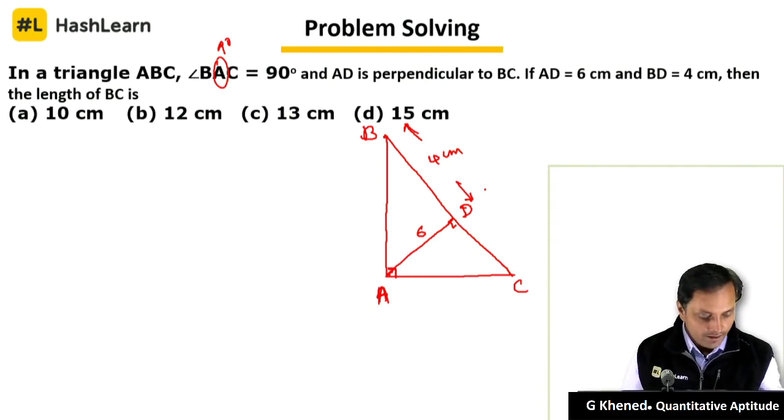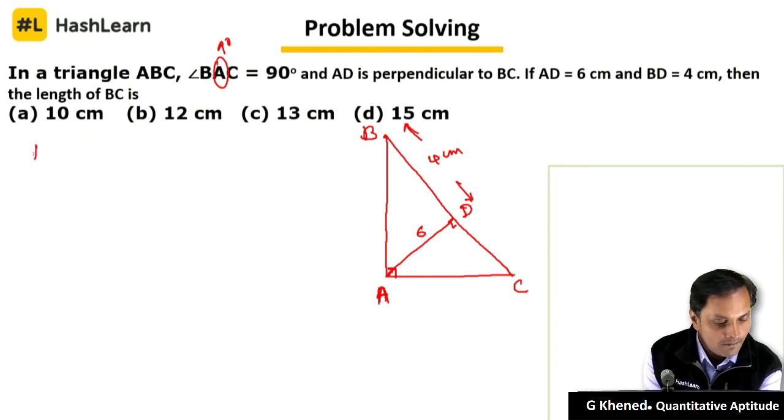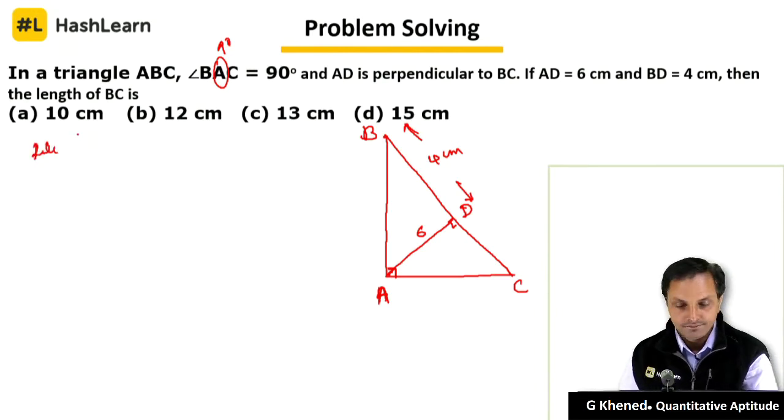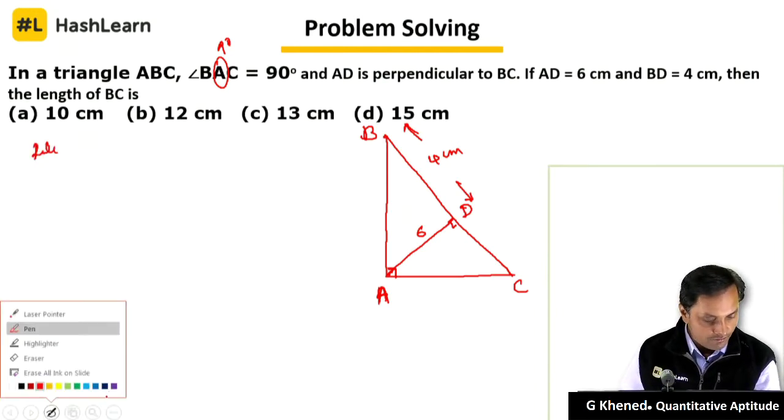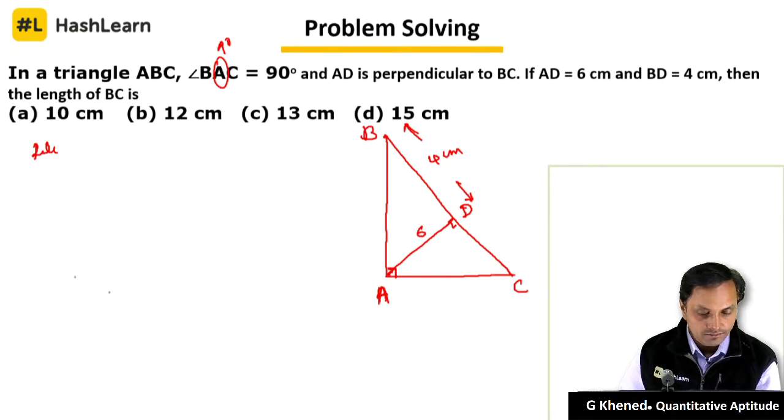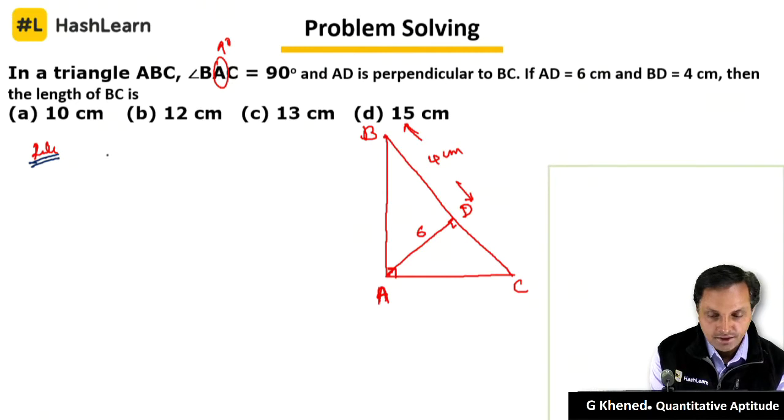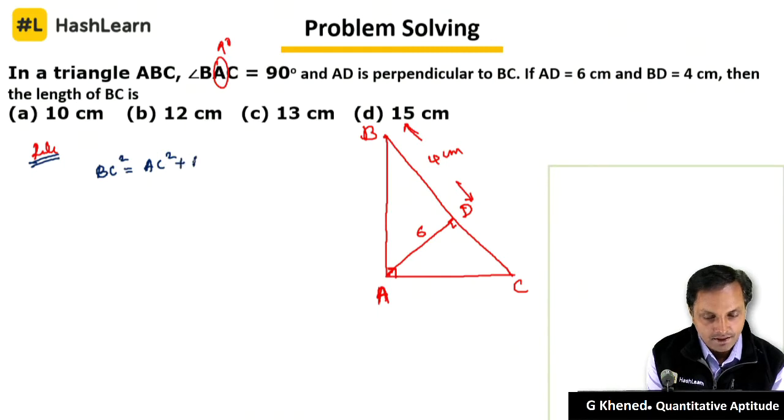Okay, fine. So when they give you all these results, what is the rule by Pythagoras theorem? Pythagoras theorem rule: BC square is equal to AC square plus AB square.